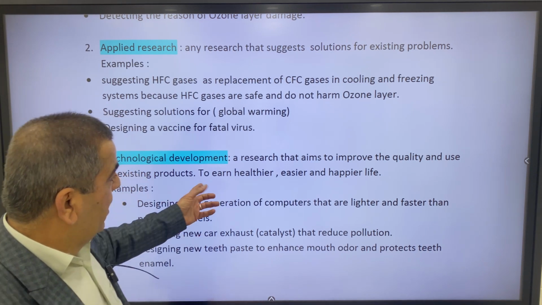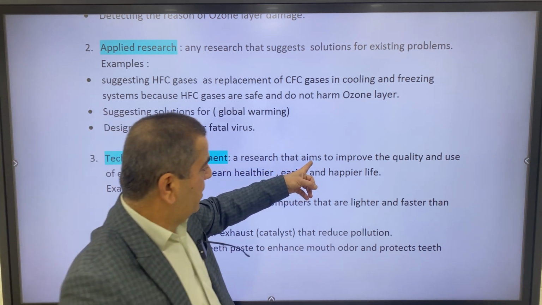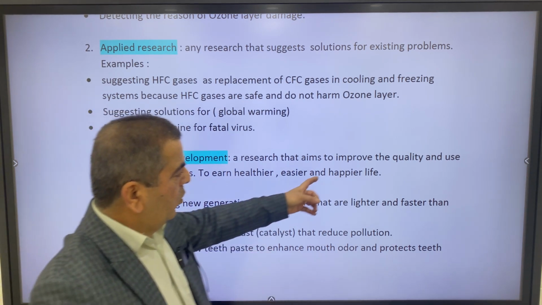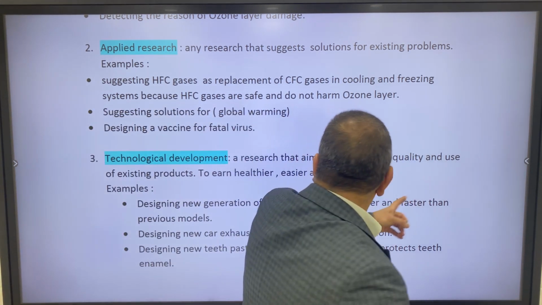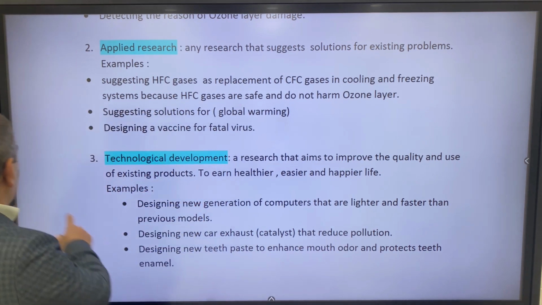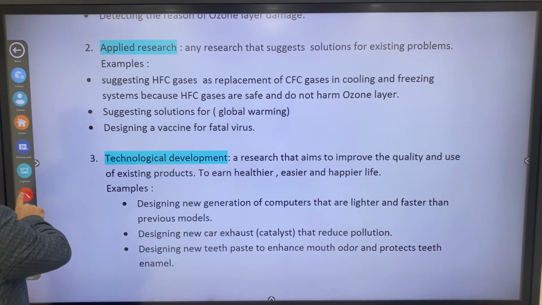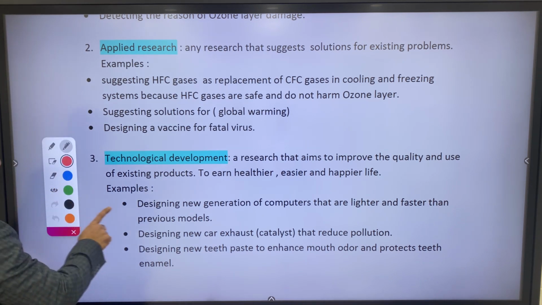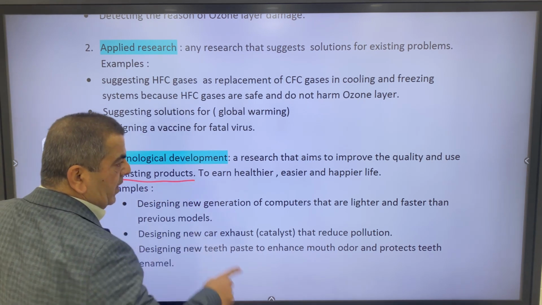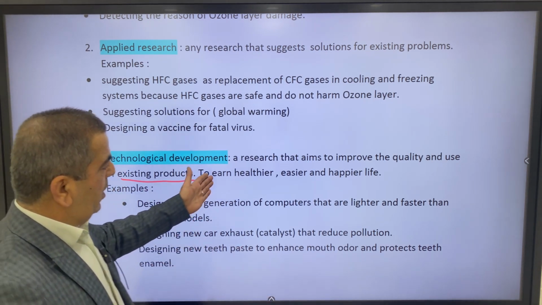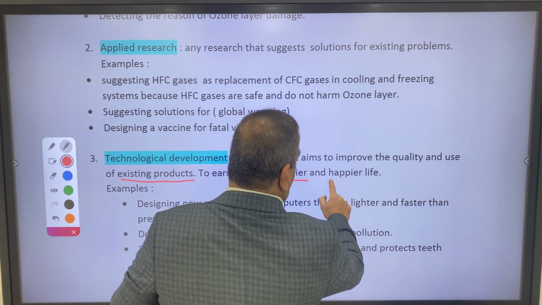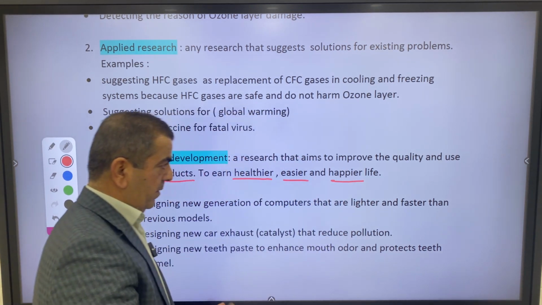So here, the research aims, which means done for, to improve quality and use of existing products, which means the products present already. The products are present already, but what we do here is to improve them, to enhance them, to make them better. In order what? To earn a healthier, easier, and happier life.